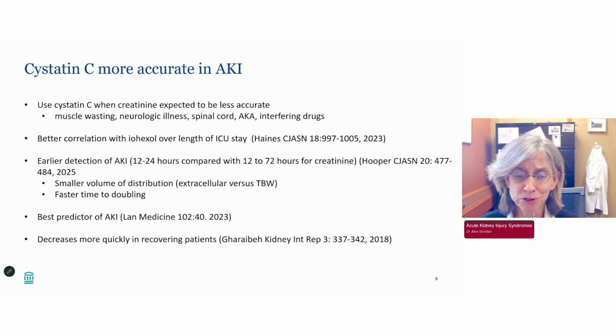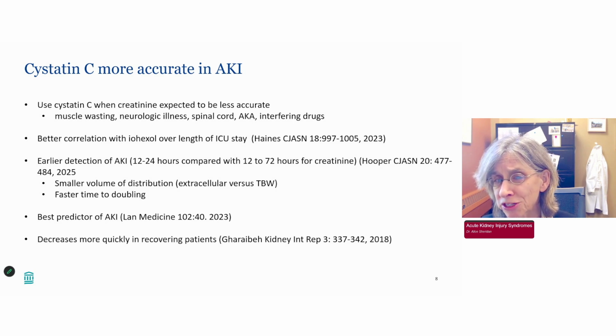And what they found was with cystatin C, there is earlier detection of AKI, roughly 12 to 24 hours, compared with 12 to 72 hours for creatinine. And this is obviously important. Early recognition allows for early intervention.